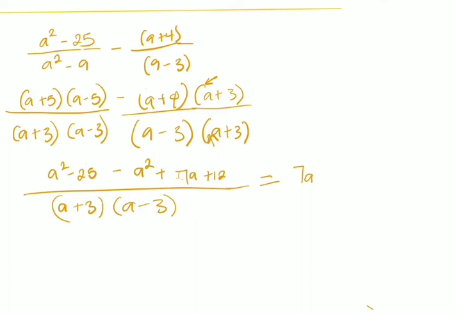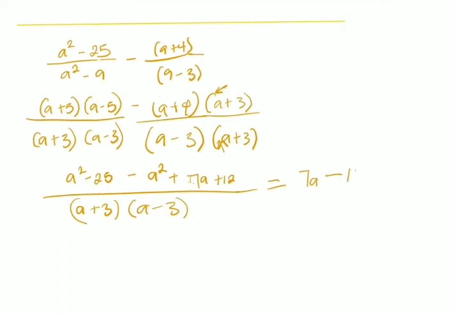And we're going to have negative 25 plus 12, which gives us negative 13, over a plus 3, a minus 3. Now, if you could, go back and factor the top. Because now that we've subtracted, we could have a like term on the bottom, but that question is non-factorable except if I use the quadratic formula, which would take ages. So that would be our final answer.